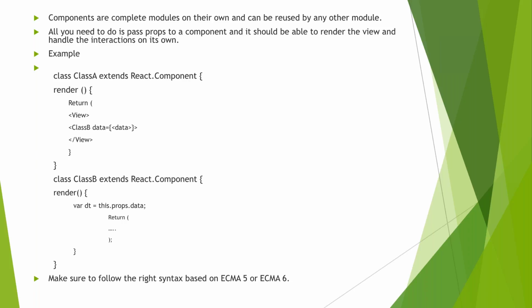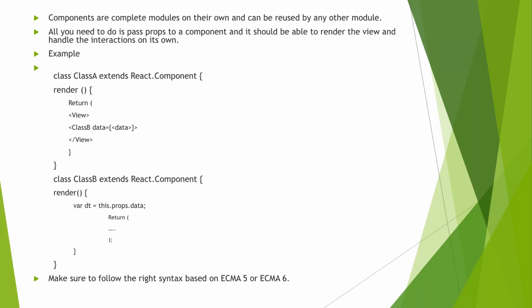That's the only difference. And in syntax, the only difference is whenever you want to access any of these props that you send to your component, you have to just write this dot props dot whatever key you gave when you were invoking that class. Like in this example, it becomes this dot props dot data.